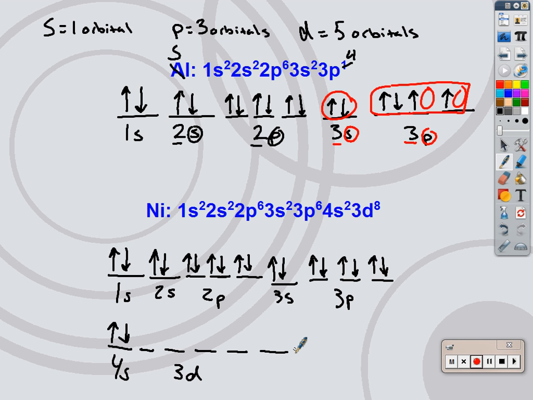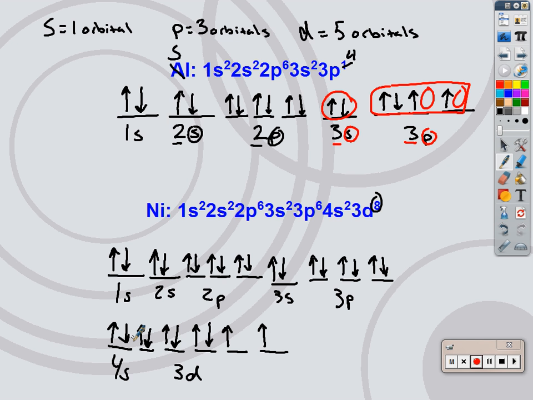So, we've got 8 to put in there. 1, 2, 3, 4, 5. Now we can double up. 6, 7, 8. Oops, I missed the first one. I backed that up. 6, 7, 8. I missed this first line over there, didn't see it.